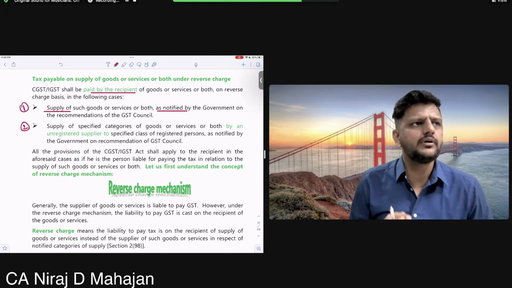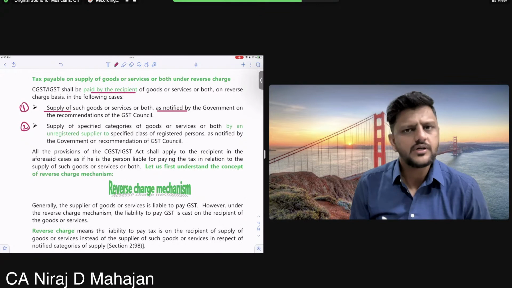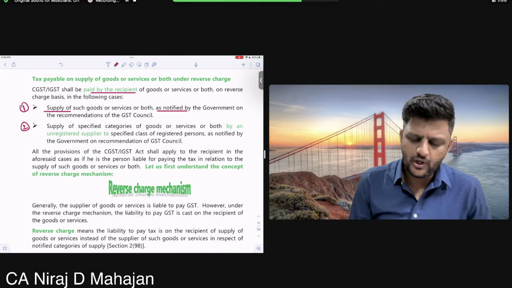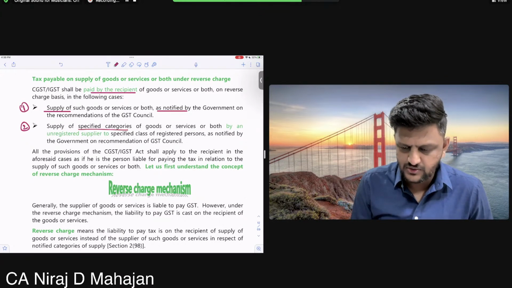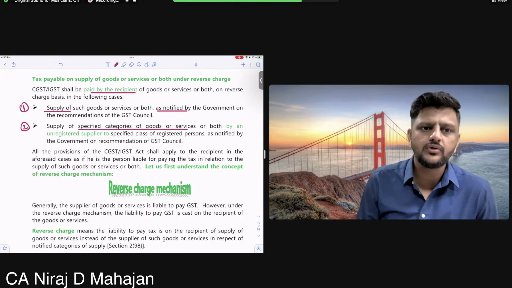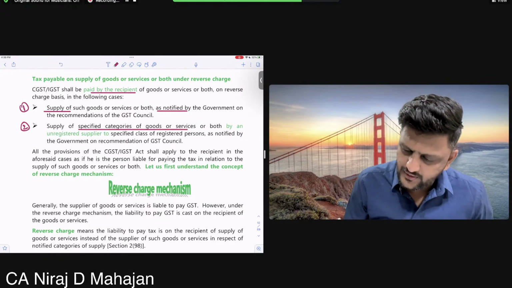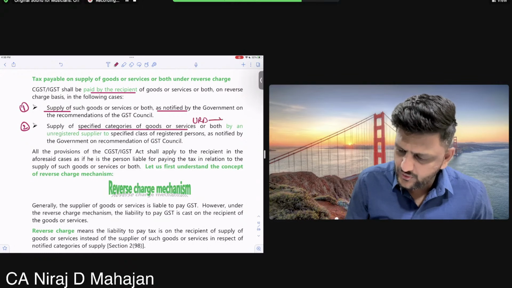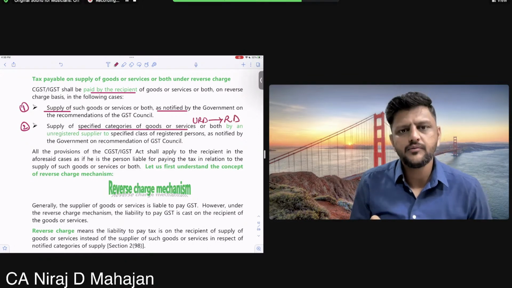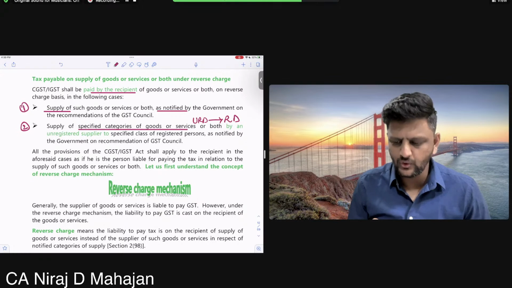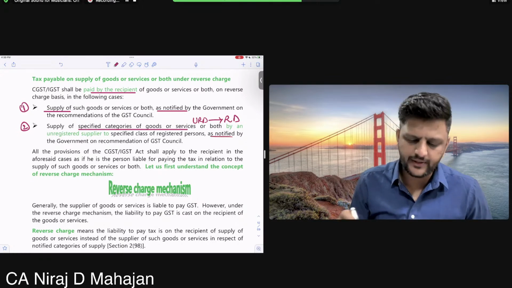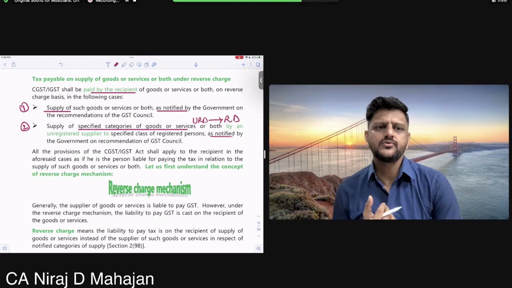So directly, children, a list is given on those items; RCM is applicable. Second, supply of specified categories of goods or services or both by a URD to RD, as again notified by the government on the recommendation of the council.